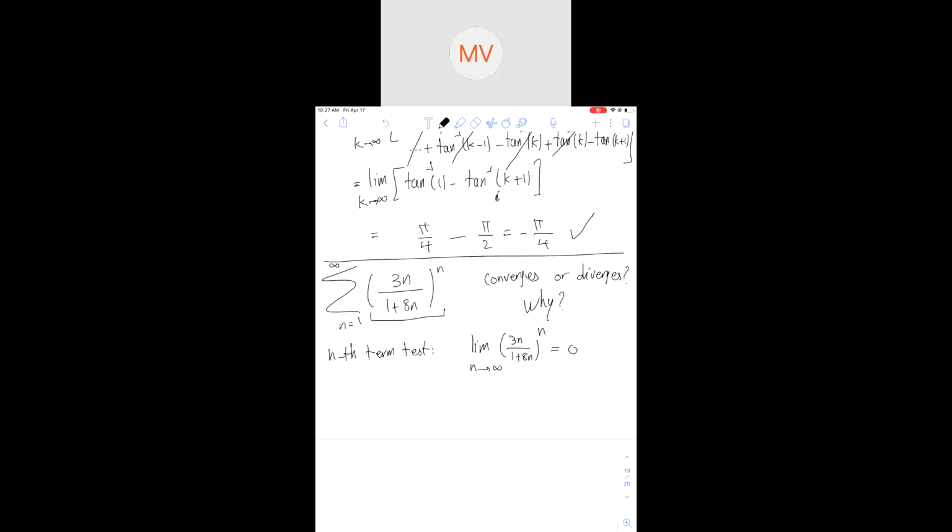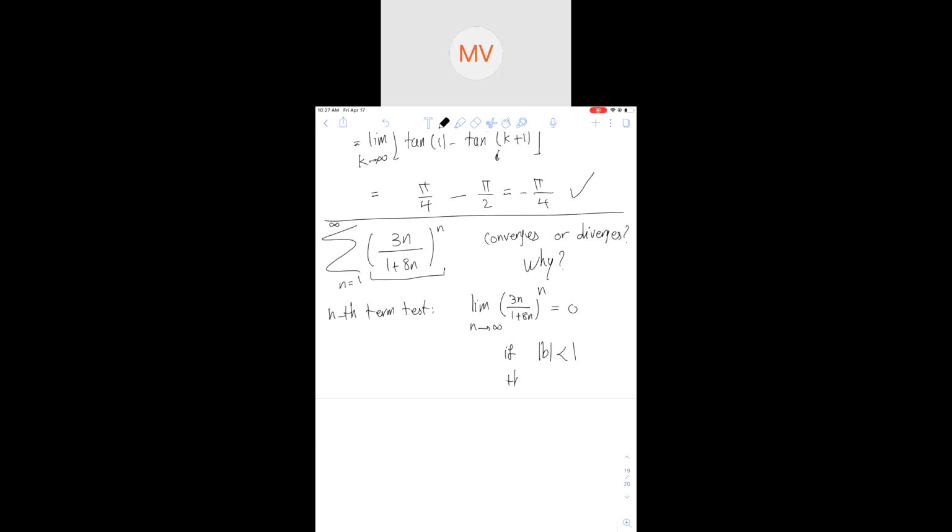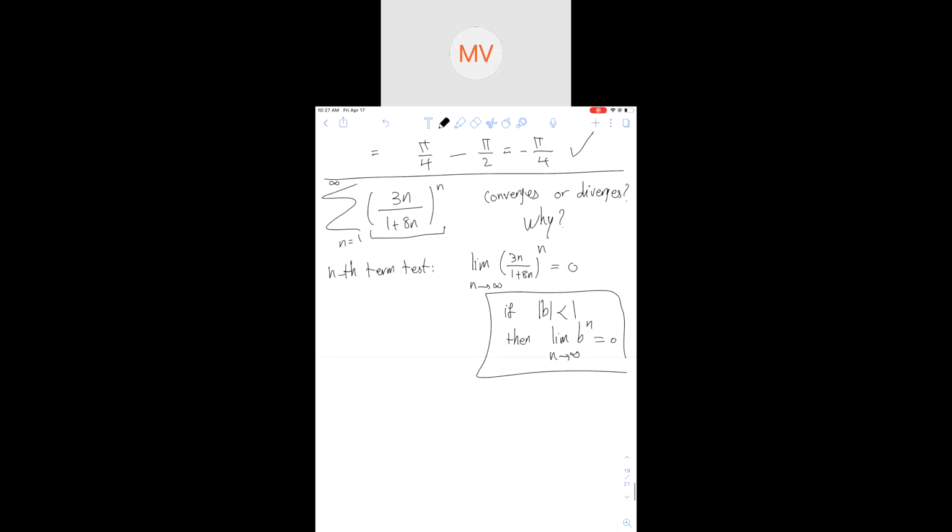If you raise a number between -1 and 1 to infinity, the theorem was if the absolute value of b is less than 1, then the limit of b to the n as n approaches infinity is 0. So that limit is 0. That means the nth term test here is inconclusive.